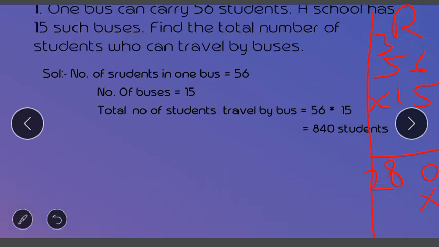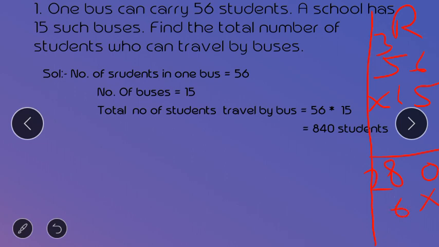Okay. 1 6 is 6, 1 5 is 5. Now you have to add 0, 8 plus 6, 14, carry 1, 5 plus 2, 6, 7, 8. 840 students. Clear? We'll go to the next question.